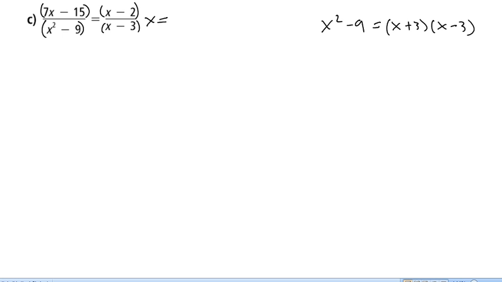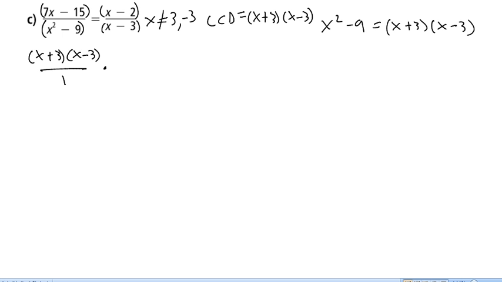So we know that x can't equal 3 or negative 3, and our lowest common denominator is going to turn out to be x plus 3 times x minus 3. Okay, so let's multiply both sides by that lowest common denominator. And notice we know that x squared minus 9 is x plus 3 times x minus 3.